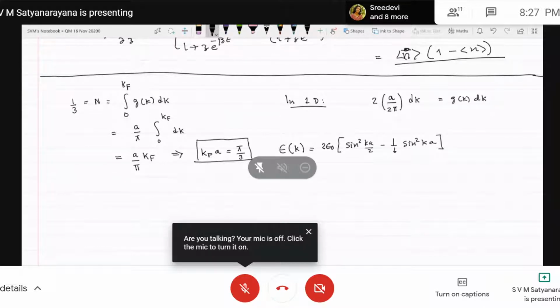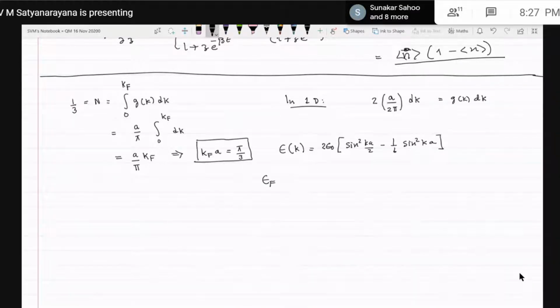Correct. So now I want epsilon f. That means I have to substitute k with kf. So sine square kf into a by 2 minus 1 by 6 sine square kf into a.